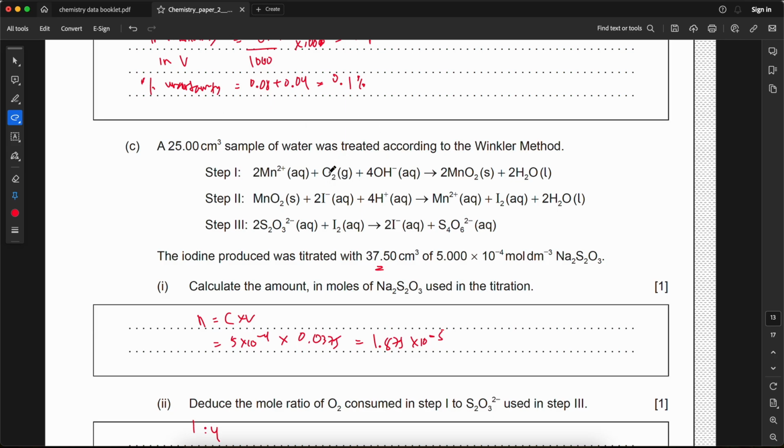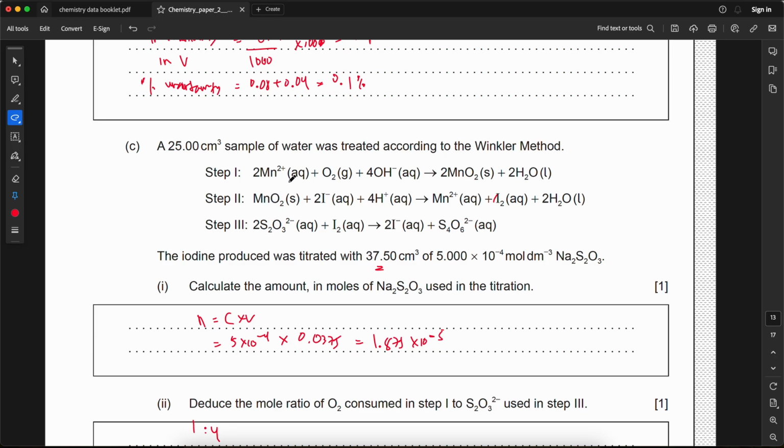When oxygen reacts with Mn2 plus and OH minus, it will produce MnO2 by consuming oxygen. So MnO2 then reacts with iodide ion and H plus, producing Mn2 plus and I2, iodine, and water. And this iodine will react with sodium thiosulfate, and the amount of sodium thiosulfate is used to determine oxygen concentration.